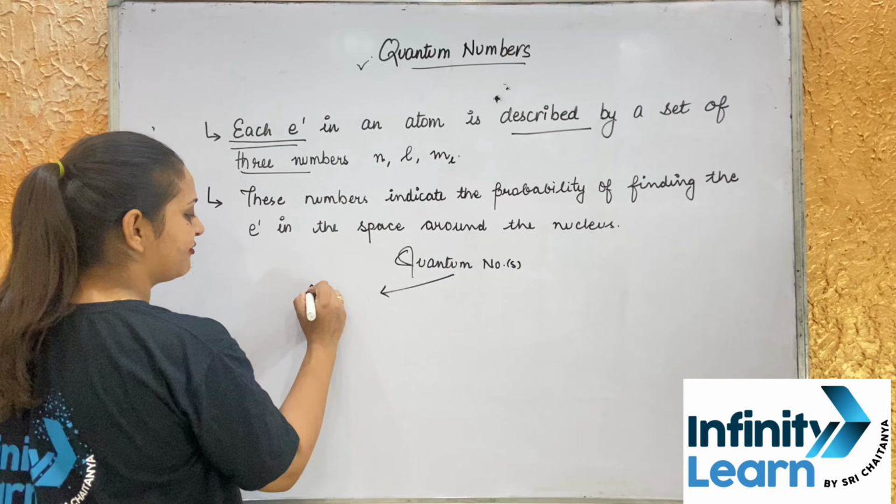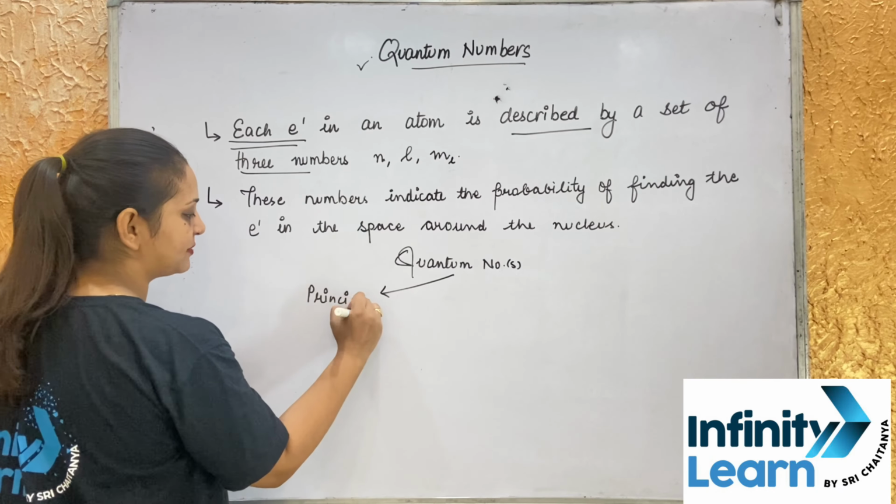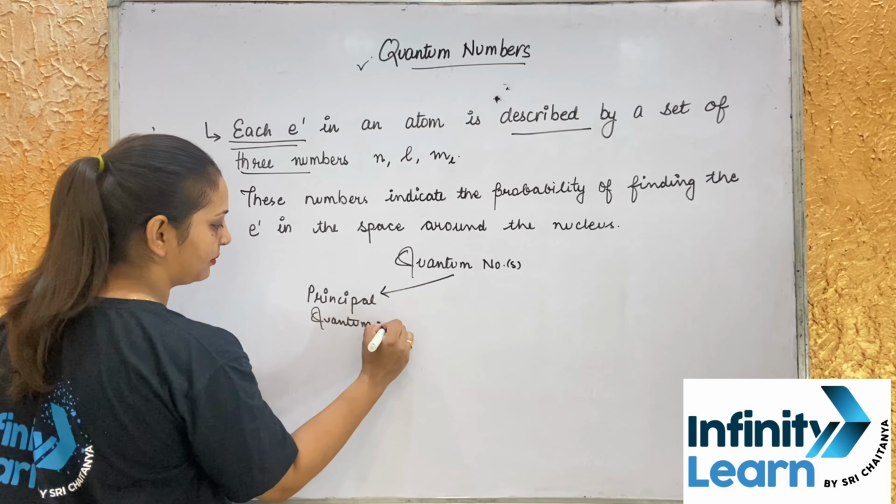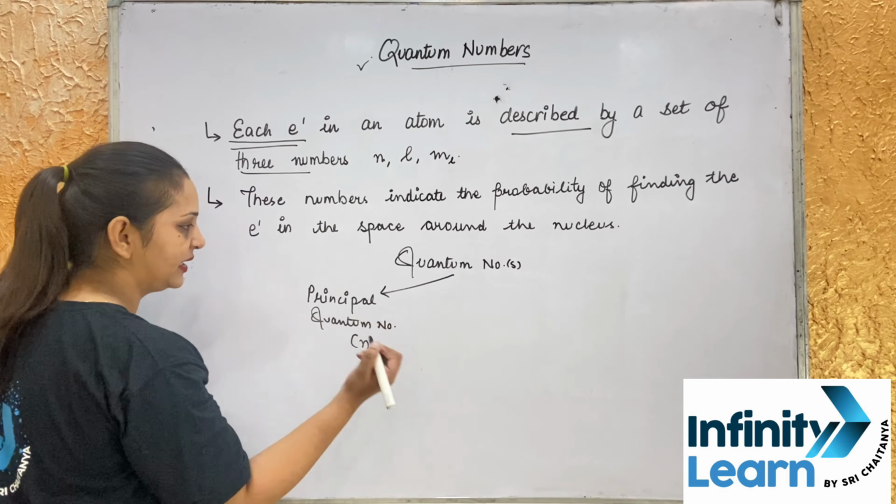At first, we have the principal quantum number denoted with small n.